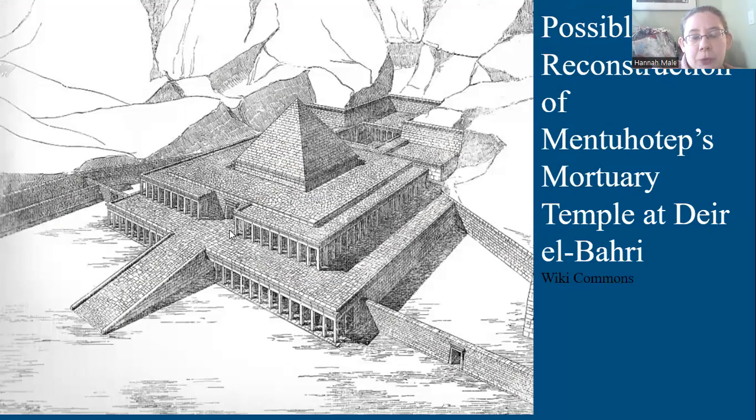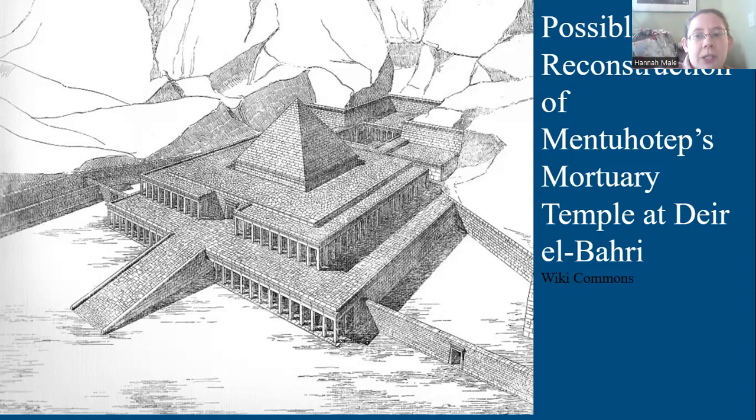This is a possible reconstruction of what Mentuhotep's mortuary temple at Deir el-Bahari looked like in its full glory. So this is that staff-shaped tomb part that I was talking about, which is a local style of tomb for the elites that you see in the First Intermediate Period.